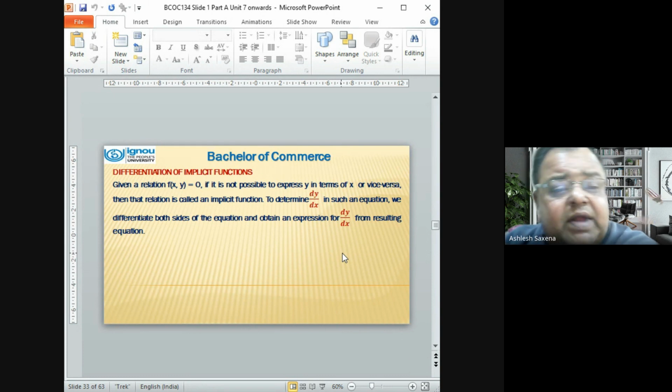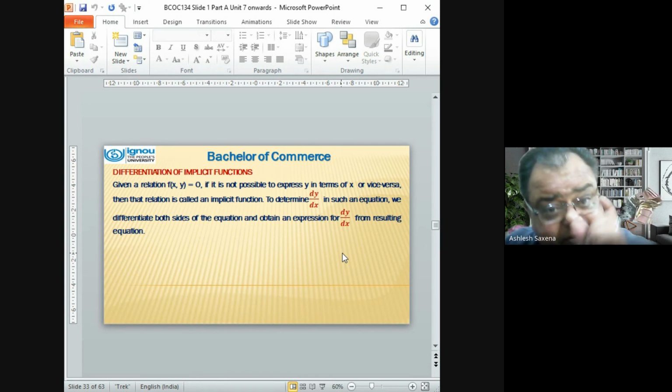If we are given a relation f(x, y) equal to 0, it is not possible to express y in terms of x or vice versa. Then that relation is called an implicit function, and we have to determine dy by dx in such a situation. We differentiate both sides of the equation and obtain an expression for dy by dx from the resulting equation.